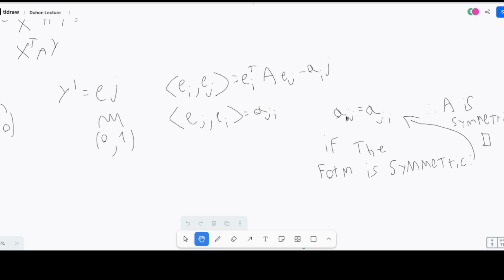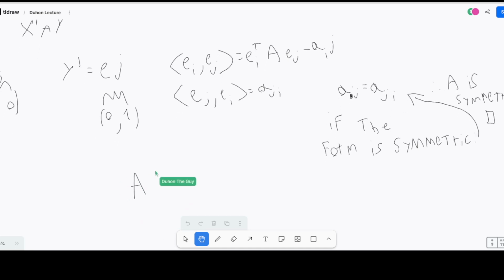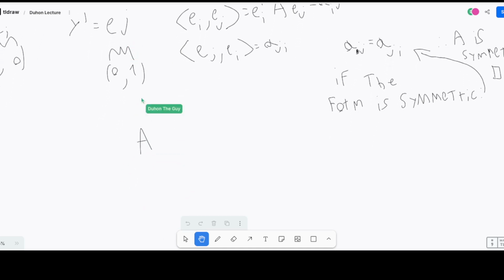All right. So there's tons of explanation about the following thing that I'm just going to say, but I'm probably just going to hand wave over it. But trust me, there's a good reason why I say this. We have A, that's going to be our matrix for the form and everything.